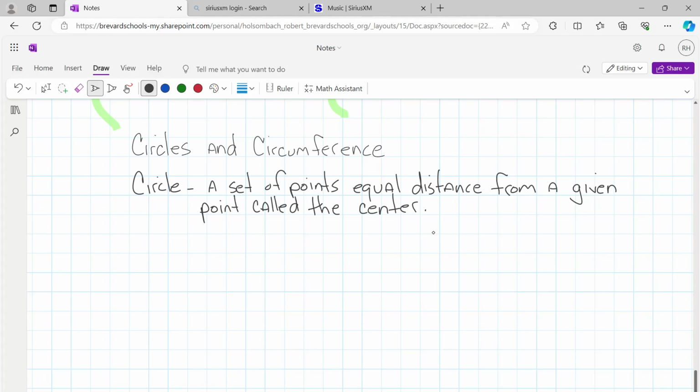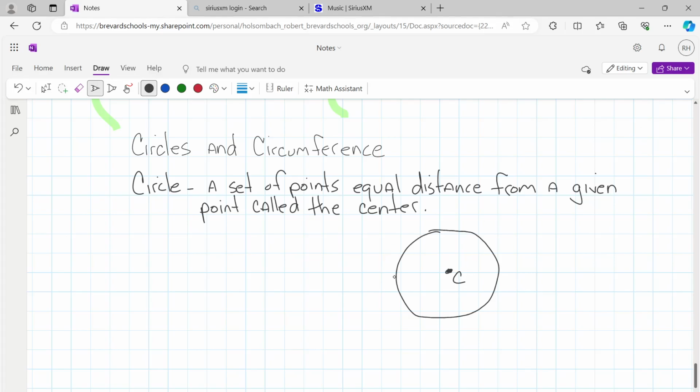All right, so if we have a circle, it's got to have a center. This center is a point, so we can call it point C. Now, whatever point is used to describe the center of the circle is the point that we use to describe the circle.